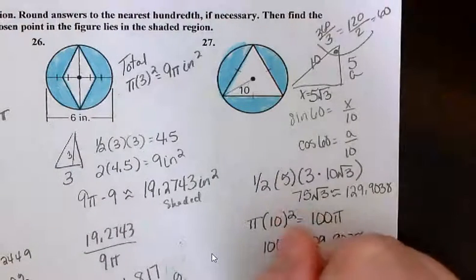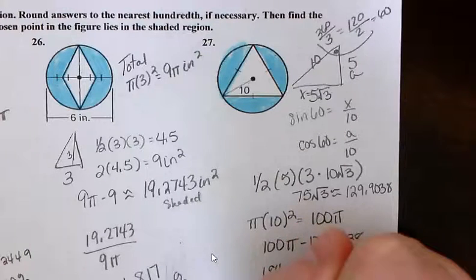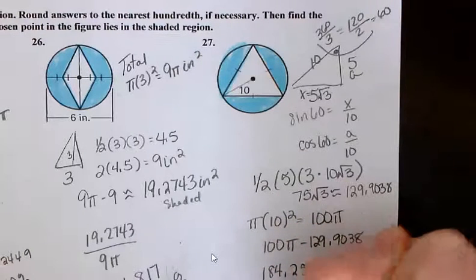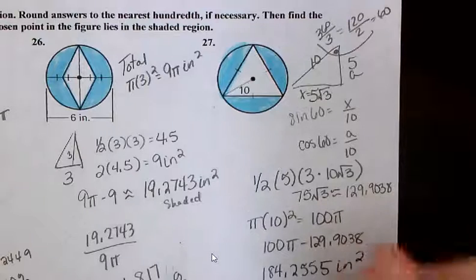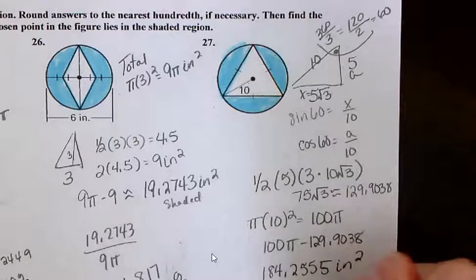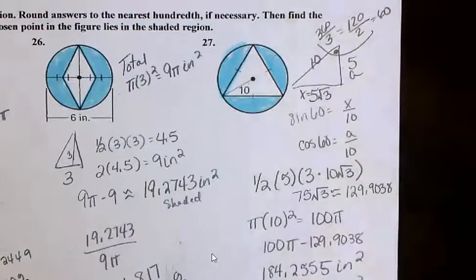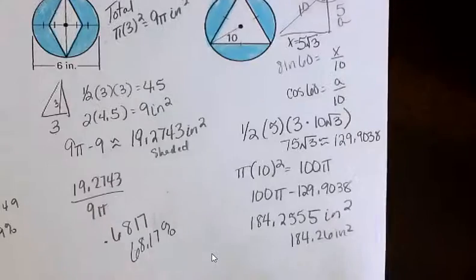Shaded area is 184.2555 inches squared, so 184.26 inches squared with rounding.